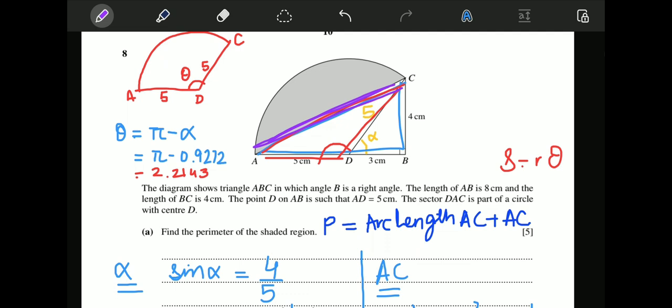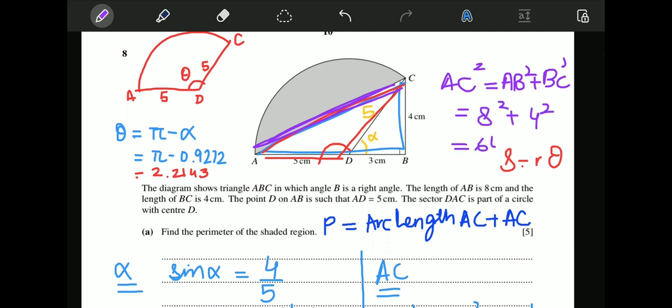If you do it as AB square plus BC square, can you apply the Pythagoras theorem? So this will become 8 square plus 4 square, so 64 plus 16 is going to be 80. So AC is going to be under the root 80.